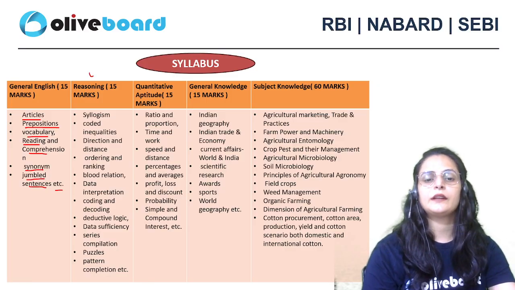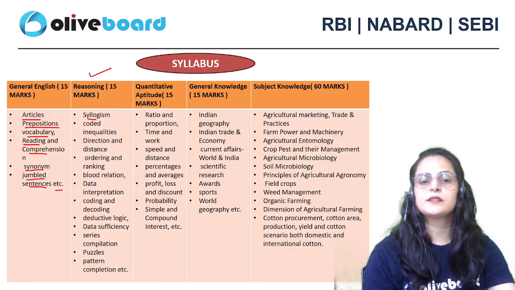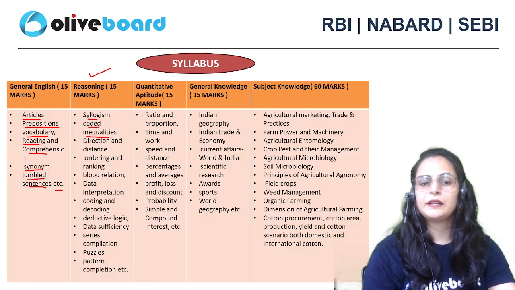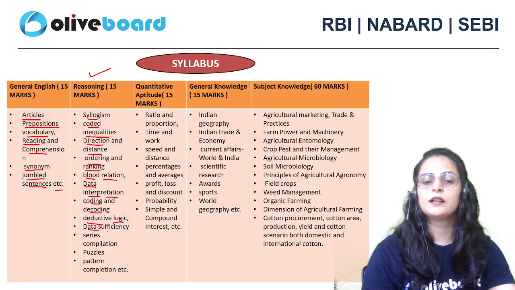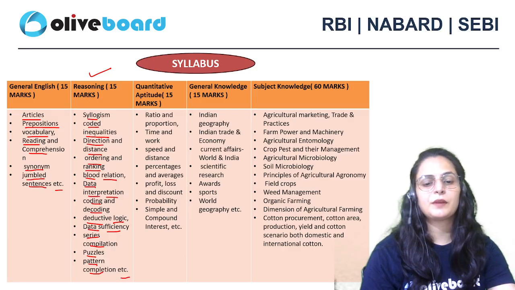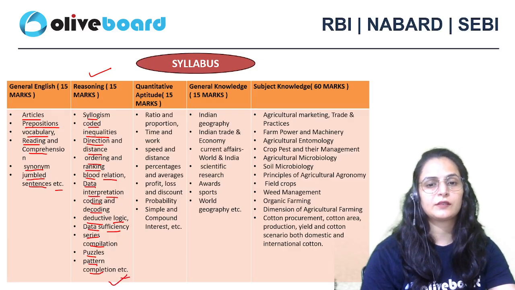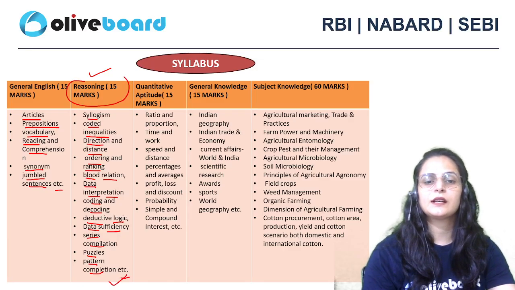Under the reasoning subject, you have to cover syllogism, coded inequalities, direction and distance, ordering and ranking, blood relations, data interpretation, coding and decoding, deductive logic, data sufficiency, series completion, puzzles, pattern completion, etc. So this is your reasoning syllabus.